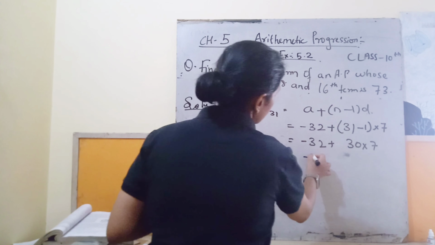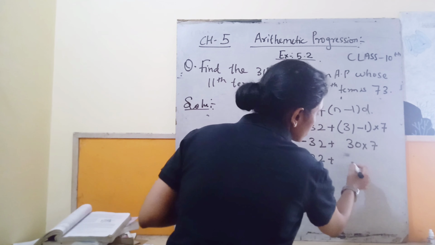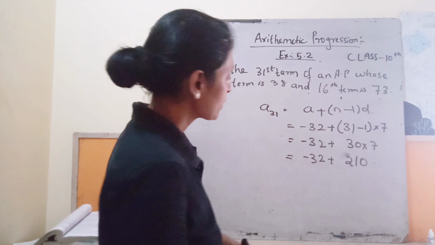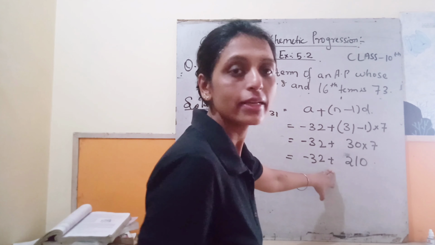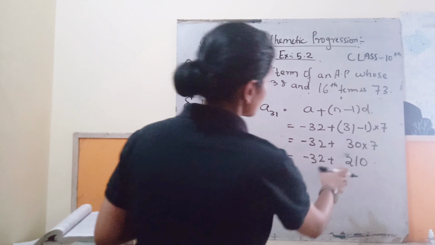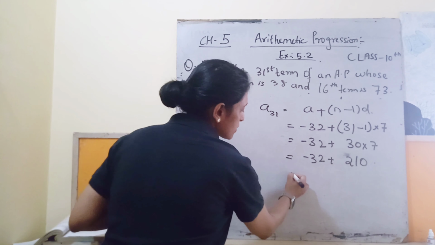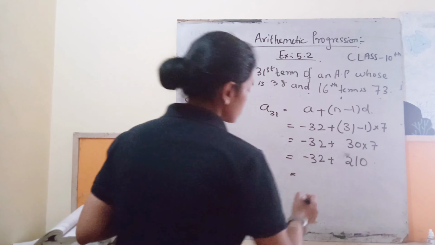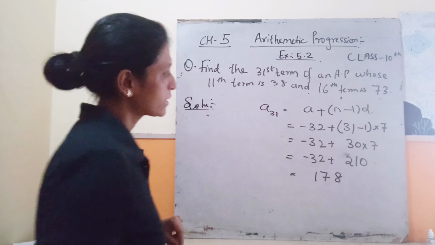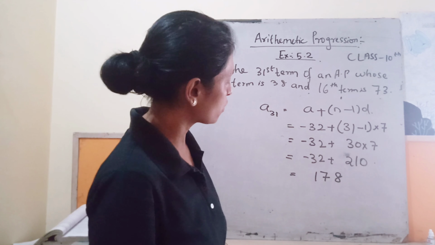So it will be -32 + 30 into 7. 30 into 7 is 210. Then minus plus is minus, but the sign will be of the bigger number, so it will be 178. So the 31st term of the AP is equal to 178.